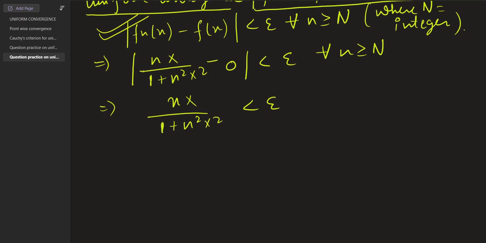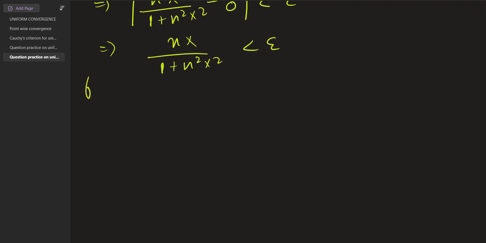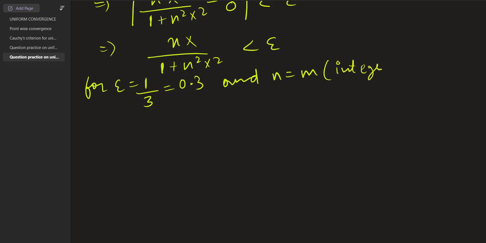Fine. So for epsilon equal to 1 by 3, which is 0.3 something, and n equal to m, an integer, and your x equal to 1 by m belongs to R.